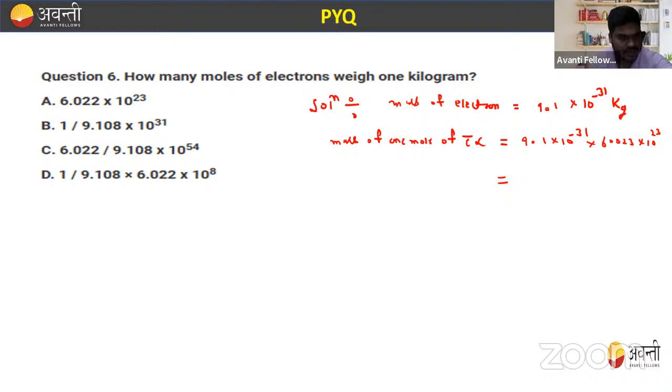Now you have to calculate the number of moles. The number of moles of electron that weigh 1 kilogram.